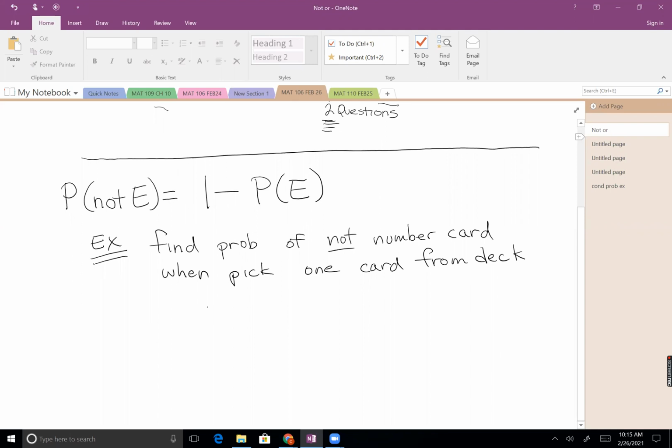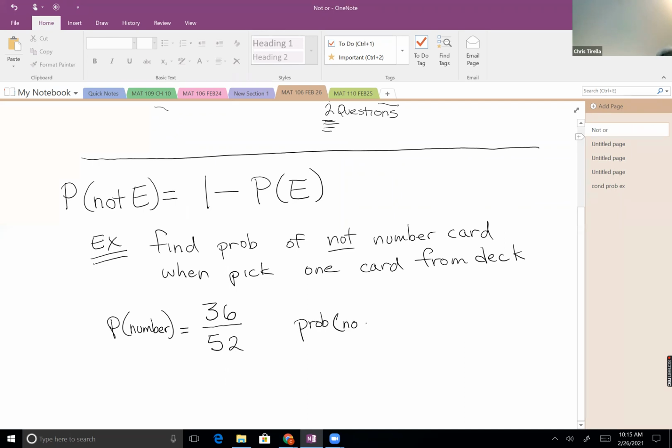Well, if you had a deck of cards in front of you, it's 2 through 10 in each of the 4 suits. So there's 36 numbered cards out of the deck of 52. So the probability of getting a number card is 36 out of 52. So the probability of not getting a number card is 1 minus that.